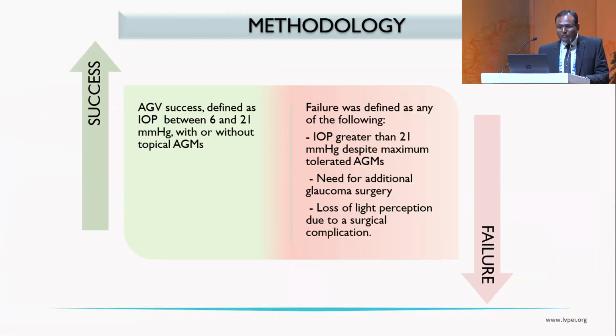The primary outcome measure was AGV success, which was defined as IOP between 6 to 21 millimeters of mercury without a topical anti-glaucoma medication. The failure was defined as one of the following: the IOP was more than 21 despite maximum tolerated medication, there was need for additional surgery to control IOP, or there was loss of light perception due to surgical complication.